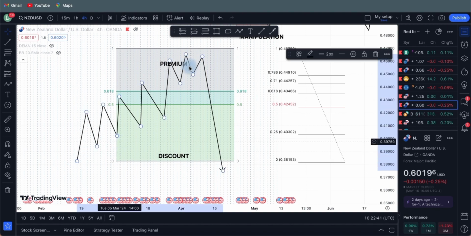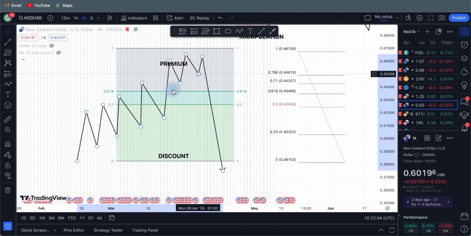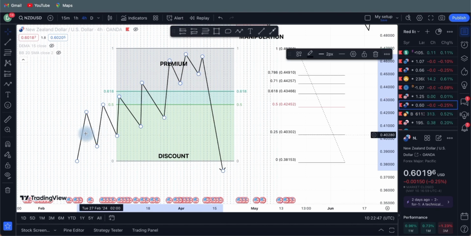It gives you a clearer picture of what the market is doing. The easier way of identifying whether the market is in a discount or premium zone is to take your Gann box and set it to the previous low.